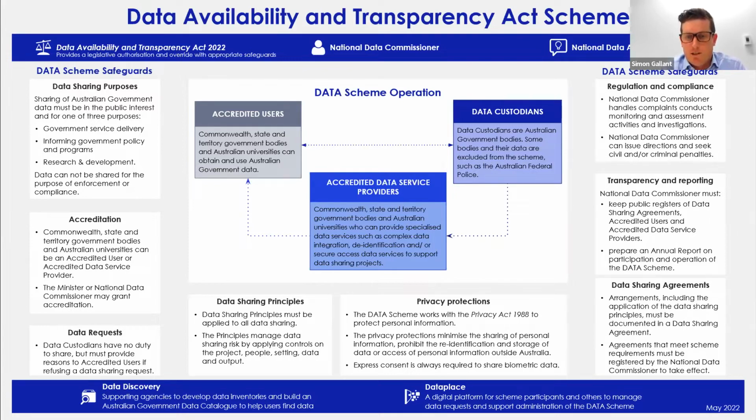And finally, DataPlace, which is our digital platform where scheme participants and others can manage data sharing requests. And it's also our administrative tool for the scheme. So all those accreditation applications, etc., go through DataPlace.